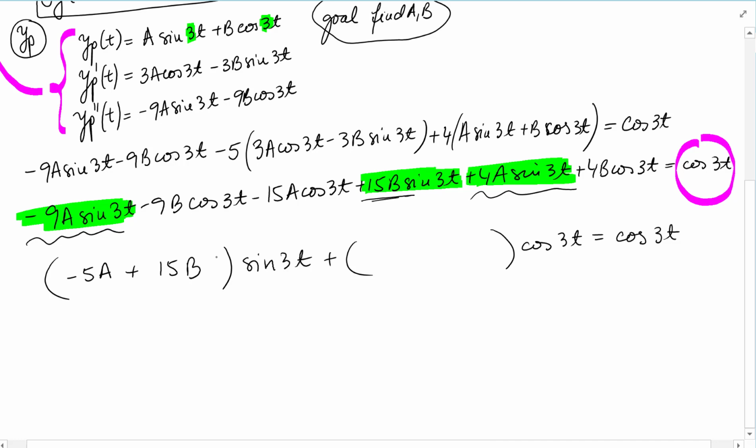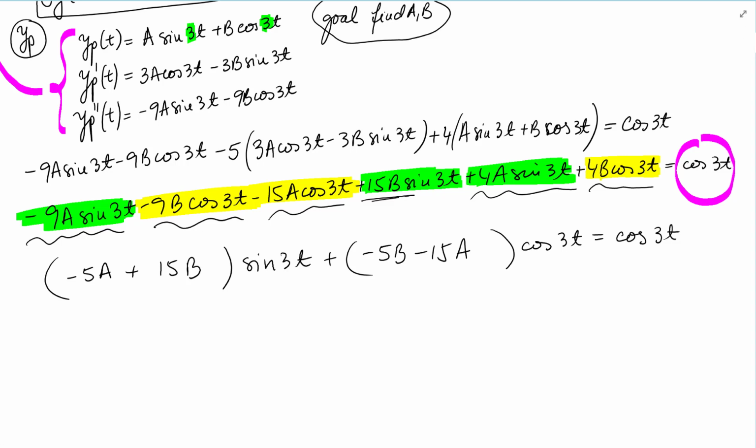This is the coefficient in front of sine of 3t. And for cosine of 3t, negative 9B plus 4B, that's negative 5B, minus 15A, equals cosine of 3t.